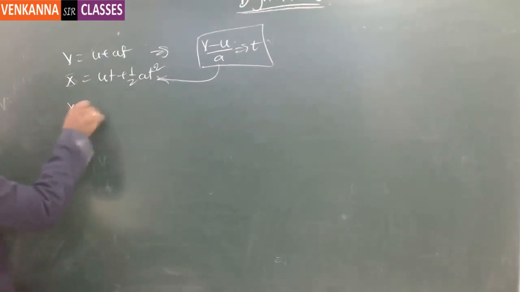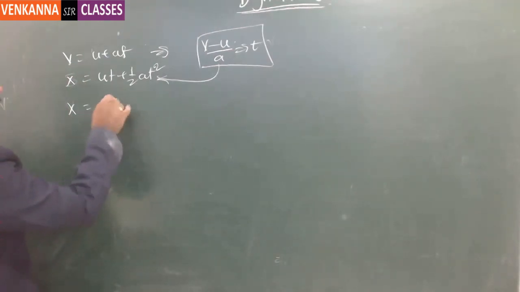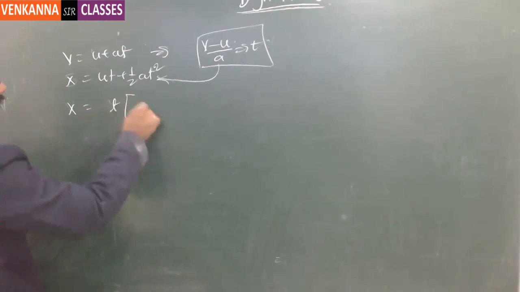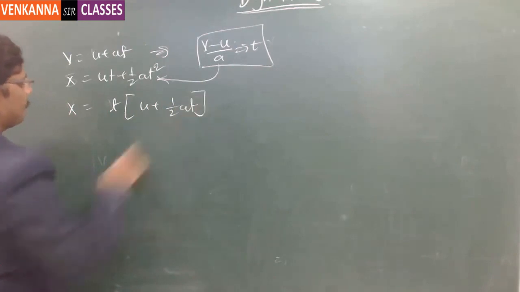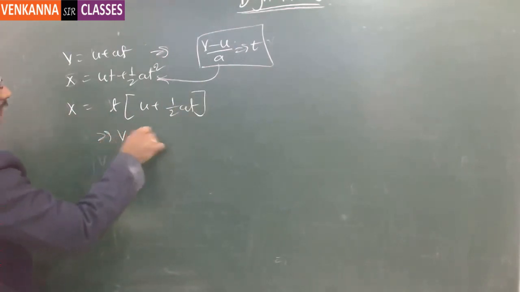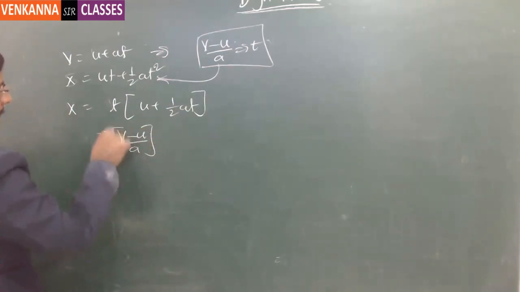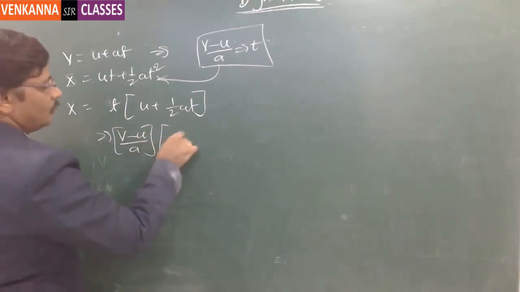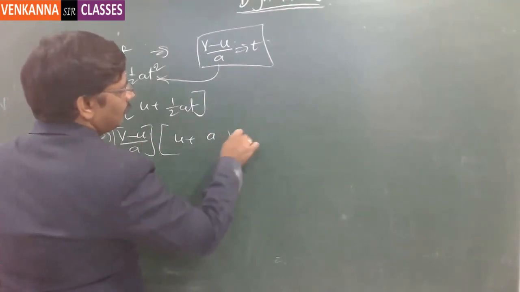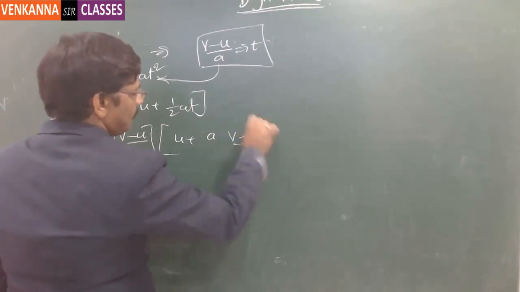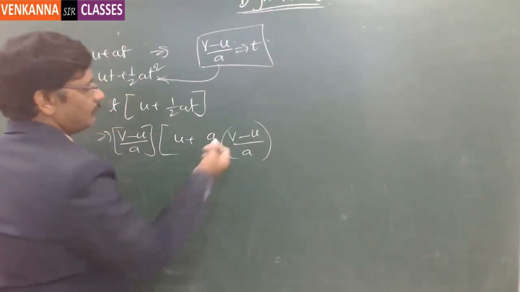So x is equal to t, if I take out, u plus half at, that is (v minus u) by a times u plus a into (v minus u) by a into 1 by 2.